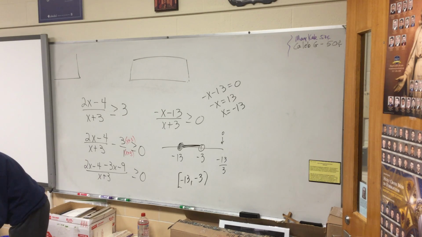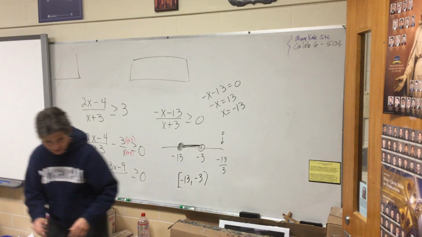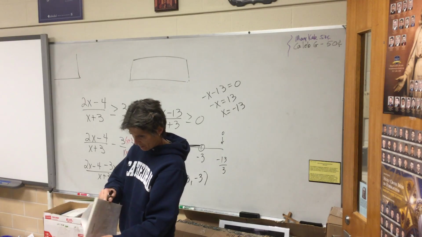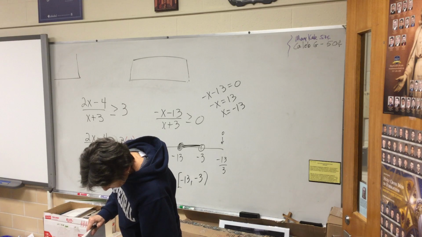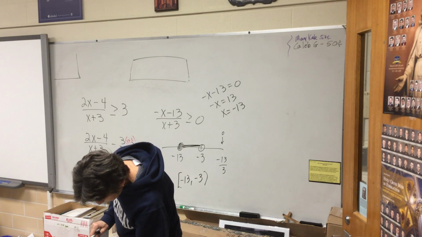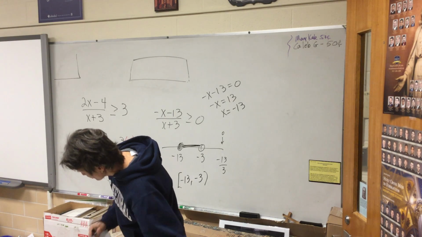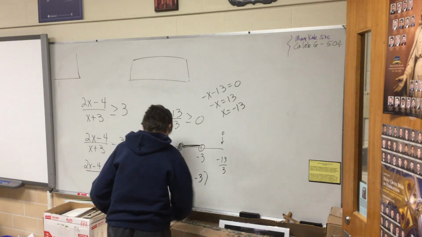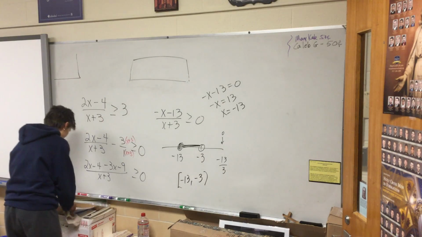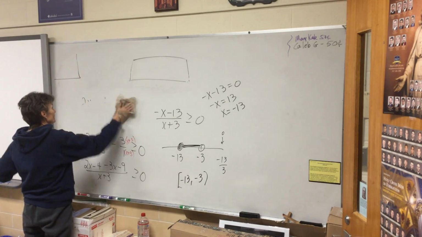I don't know why I can't find my homework. I just had it. You want me to tell you the problem? Yeah, but I am gonna have to find my homework at some point. But yeah, sure. What is the problem? 4x minus 2 over x plus 3. Oh, here it is. I got it. I laid it down.